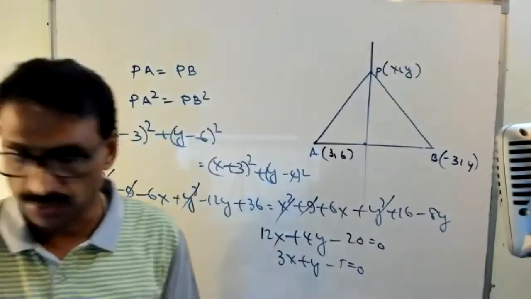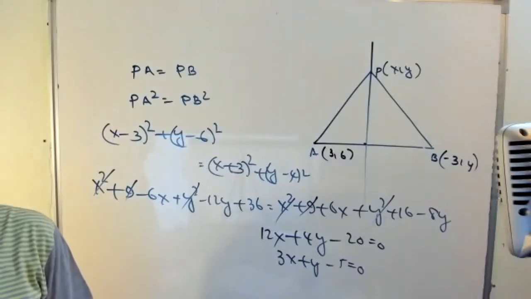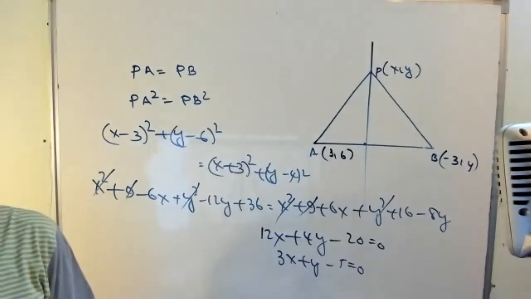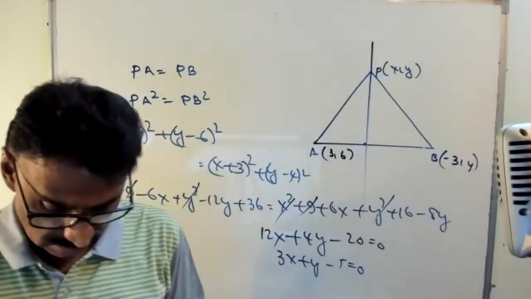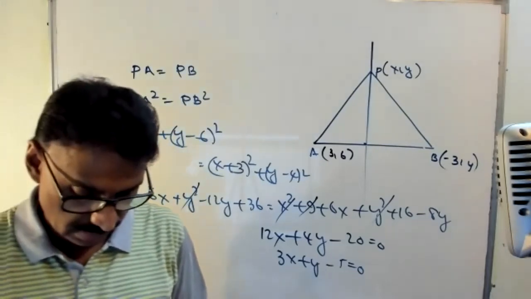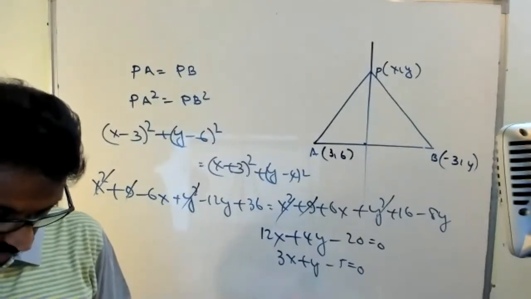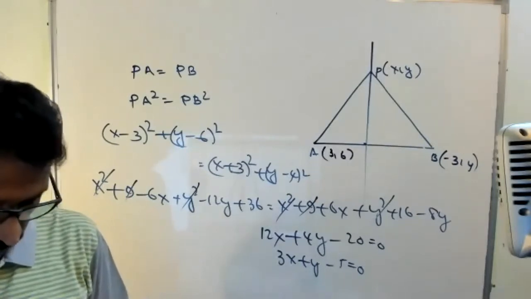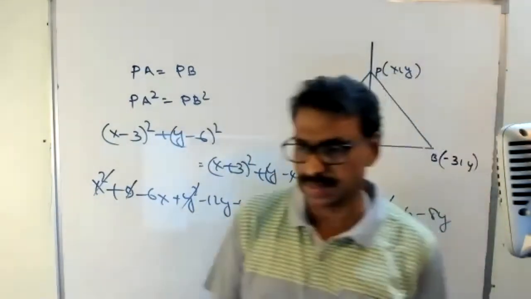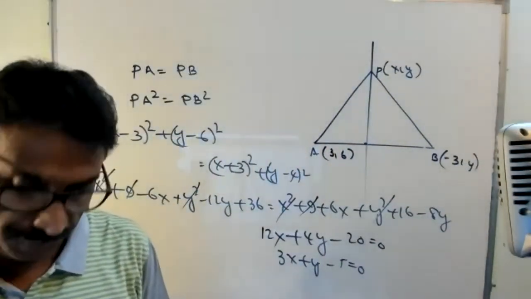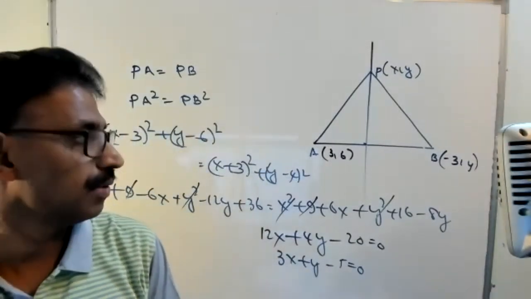Okay, then right. I'll give a note. Let P (x, y) be any point on the perpendicular bisector of AB.